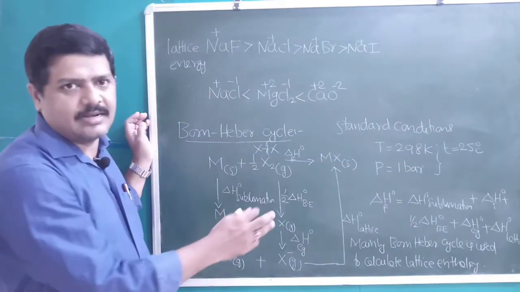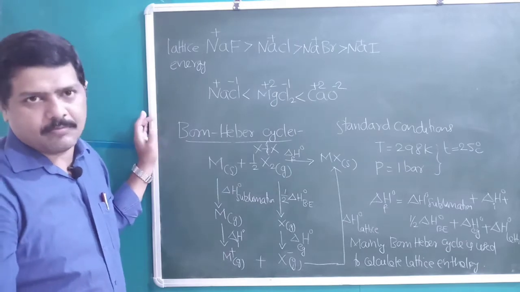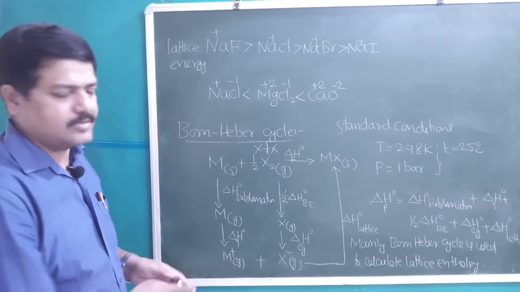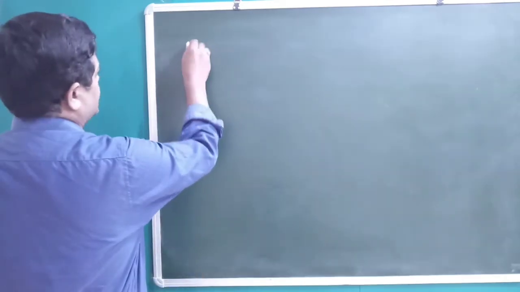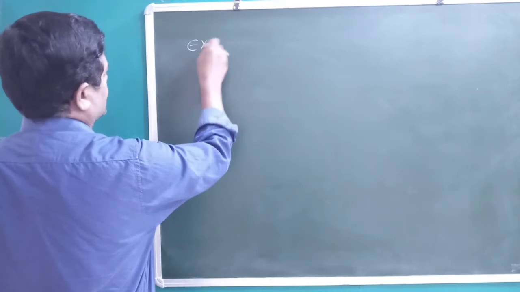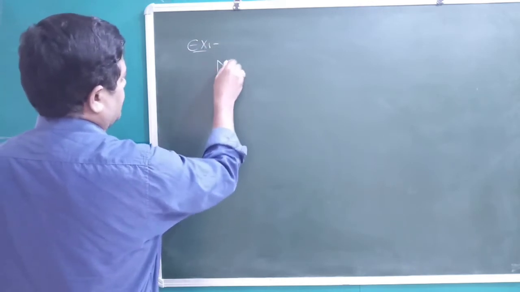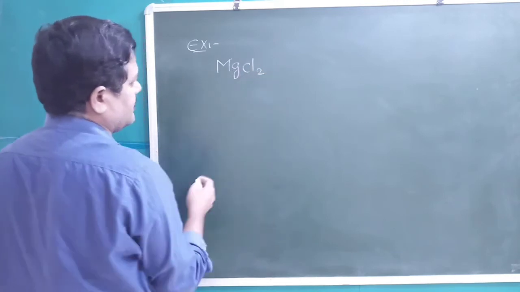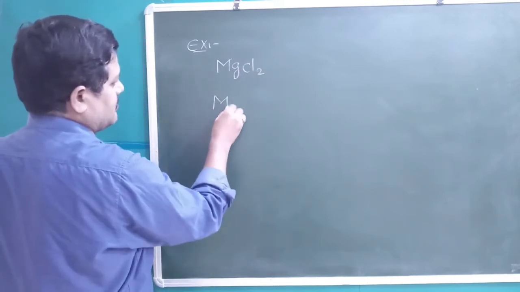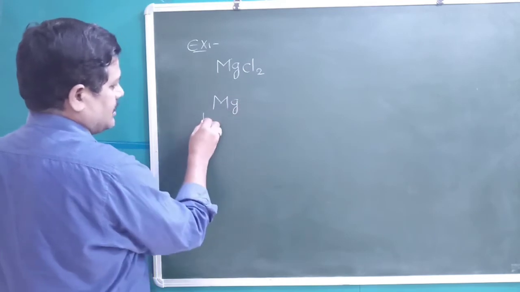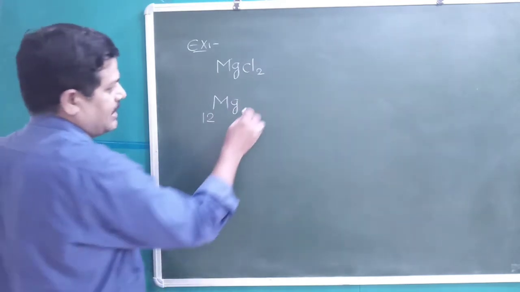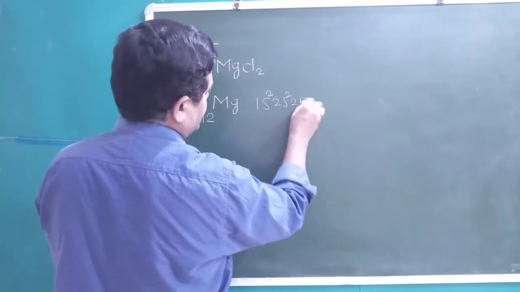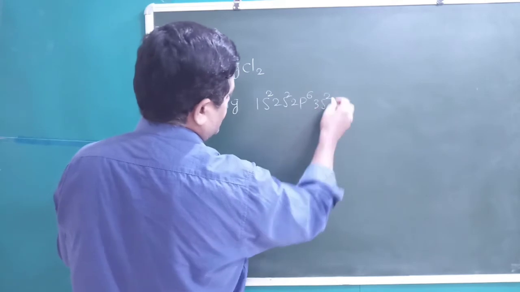Next, students, let us take one example for the ionic compound and we will continue our discussion with the properties of ionic compounds. Let us take one example for the ionic bond formation, MgCl2, magnesium chloride. Magnesium is a metal, atomic number 12, electronic configuration 1s2, 2s2, 2p6, 3s2.